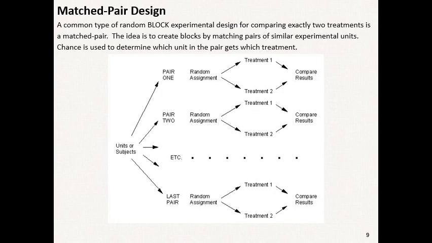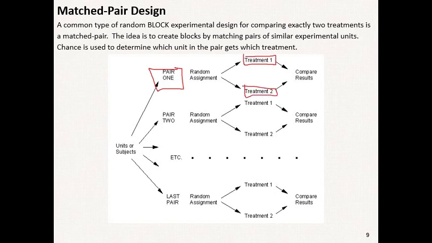All right, so remember what matched pairs look like. We saw this back in an earlier chapter when we were talking about experimental design. We have a pair of similar individuals, and one of those two gets put into treatment 1, the other gets put into treatment 2.